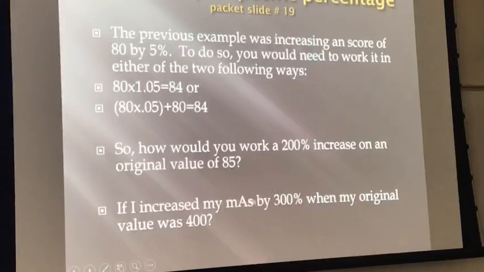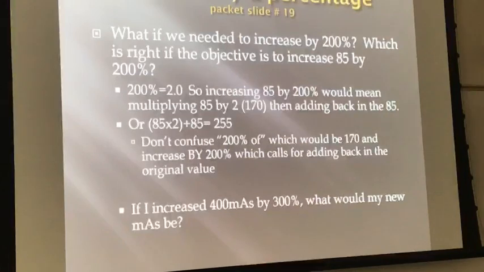So if I increase my mass by 300% when my original value was 400, we got a big one, right? What would my new mass be? 1600. 1600, right? Alright, so that just works through everything we just talked about.